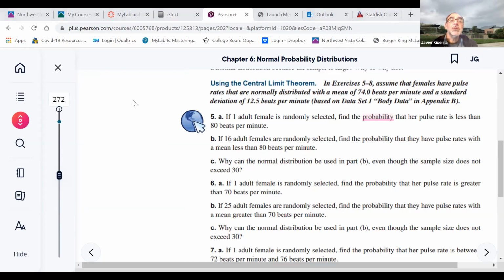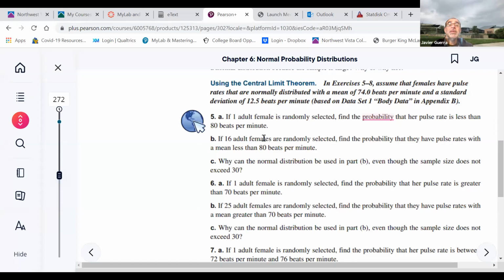Let's go back to our requirements. Our requirement said the problem must state that the distribution is normal and n has to be 30 or more samples. Well, this one only had 16, but did it say anywhere in the story that the distribution was normal?